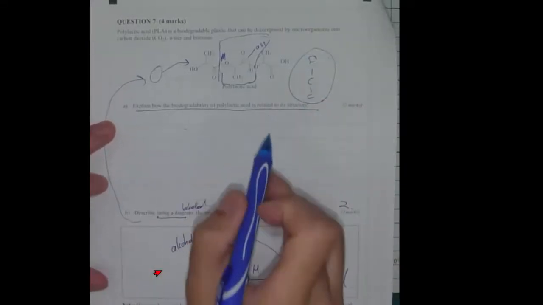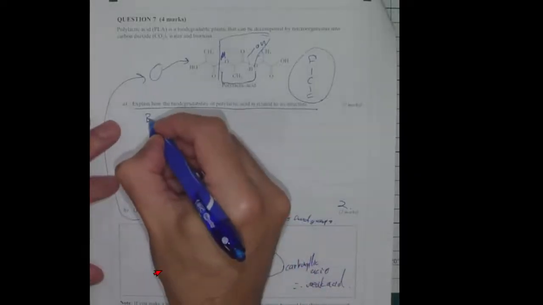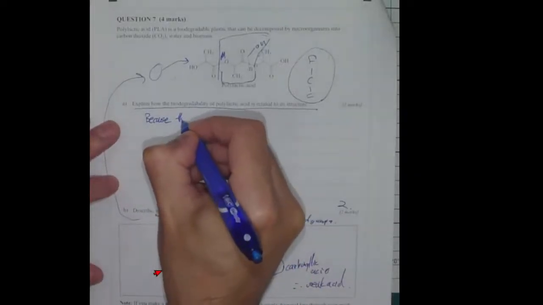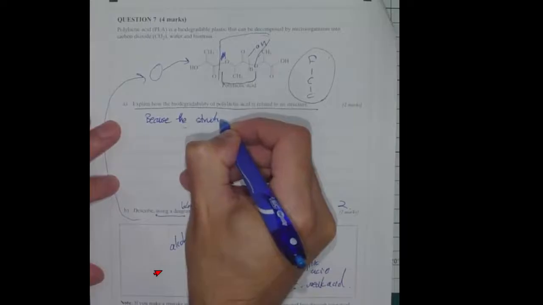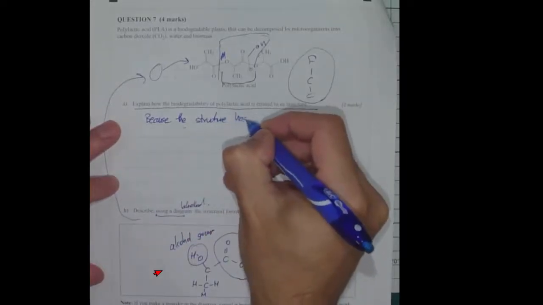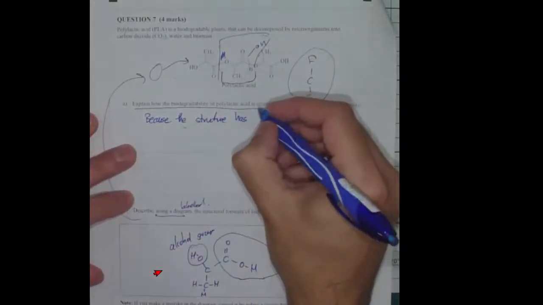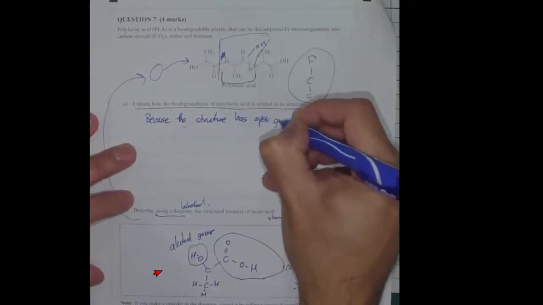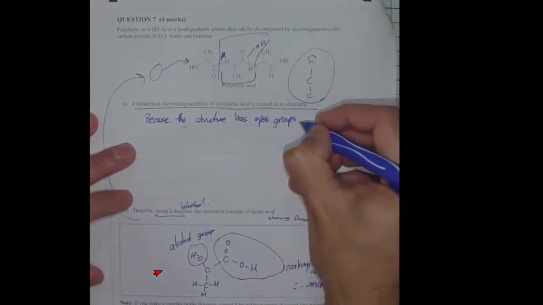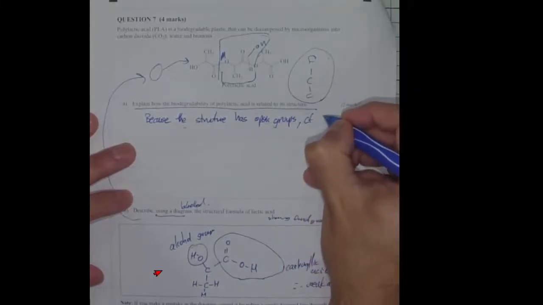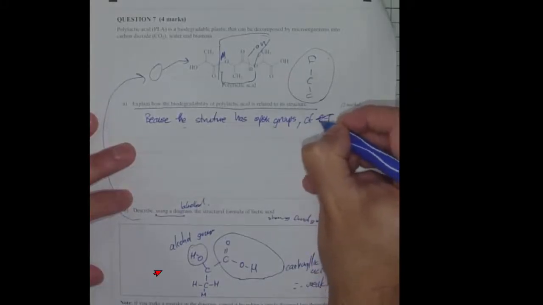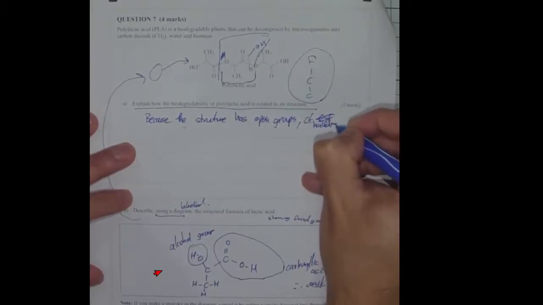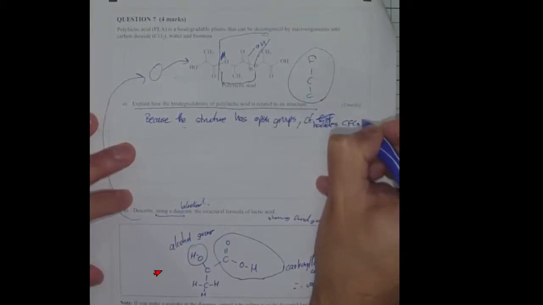So there's several things here, okay? Because the structure has open groups in them compared to hydrocarbon halides or CFCs.